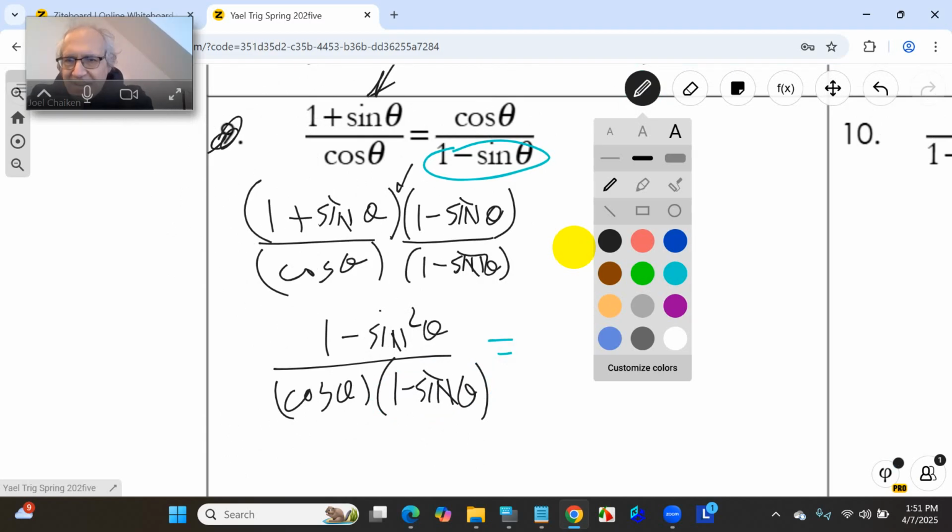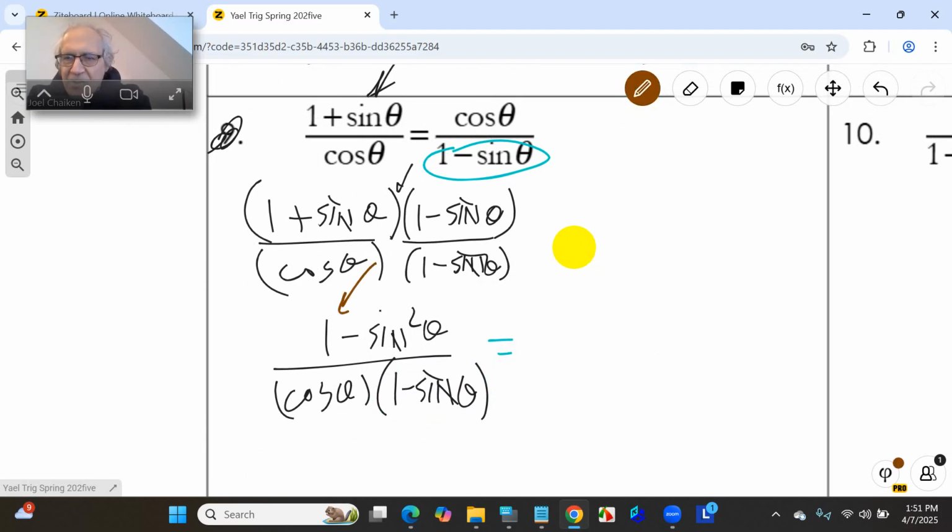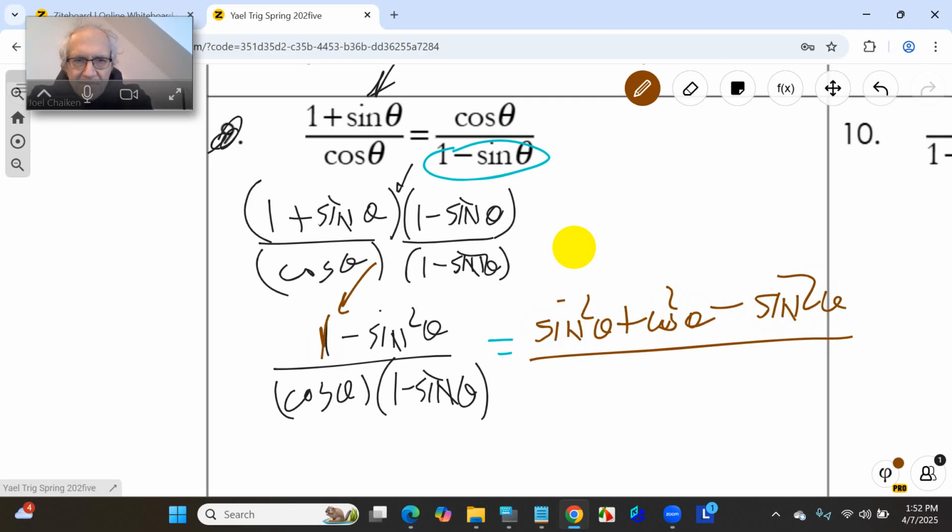By the way, anytime you see a 1, you are allowed to replace it with sine squared theta plus cosine squared theta equals 1, right? That's the 1. It's the 1 minus the sine squared theta over cosine of theta and 1 minus sine of theta.